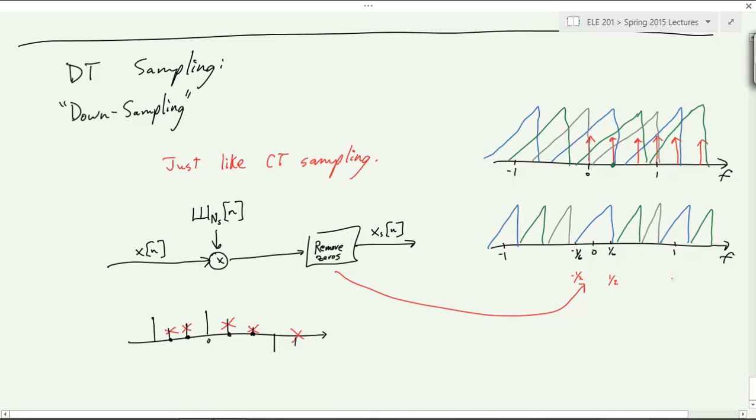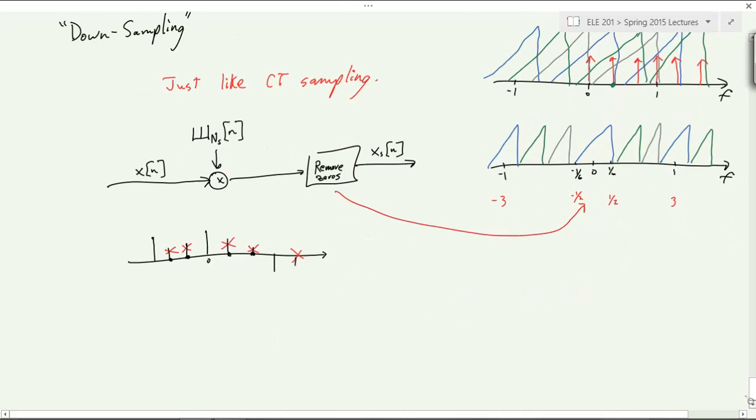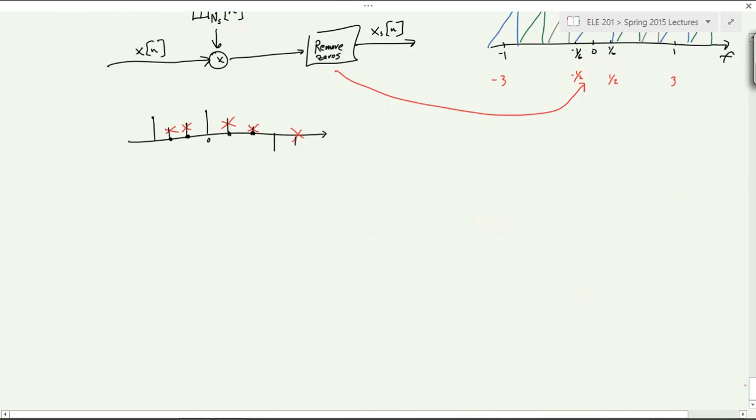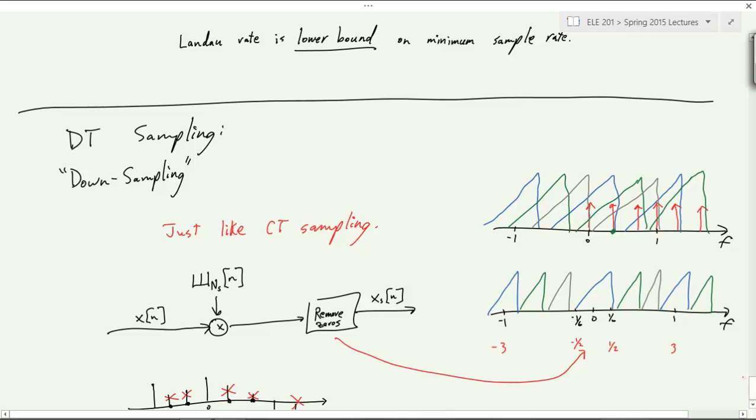This becomes 3. This becomes minus 3. And so basically we've renormalized, so now it's periodic with period 1 again. Whereas as I drew it, it was period 1/3, but after removing the zeros, it's back to being period 1. It was already periodic with period 1, but the fundamental period was 1/3. Now it's back to 1.